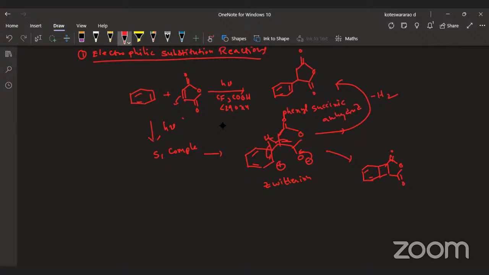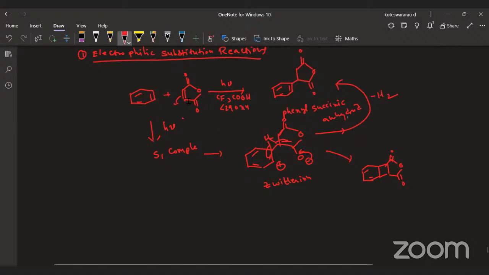It is suggested that the product arises by the excitation of the charge transfer complex of benzene and maleic anhydride, followed by protonation of the zwitterion intermediate. The zwitterion yields the addition product as the major product. Addition product is the major product, right?